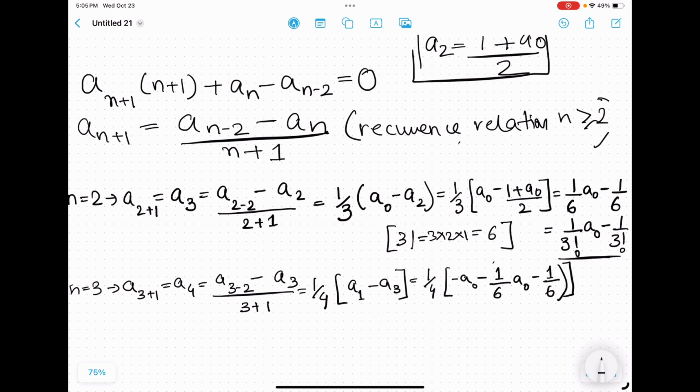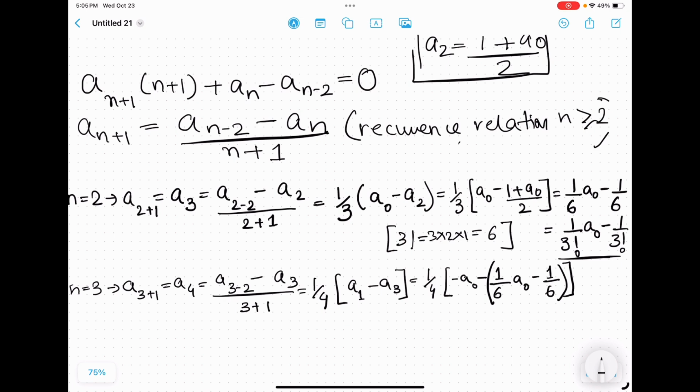Let's not forget the brackets. We always want to include the brackets so that it gets less confusing. Sometimes if we do not include the brackets, we can mess up the signs. So I would recommend always using brackets when you plug something into something.